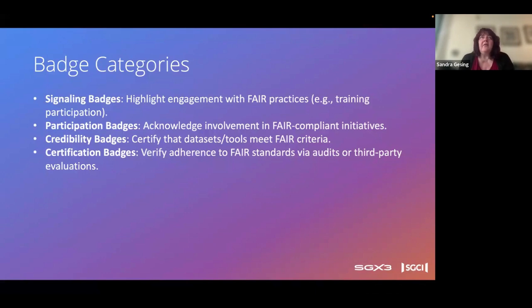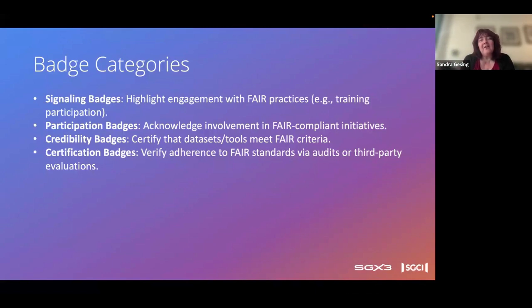You might have heard about Galaxy, HubZero, NanoHub, TAPIS frameworks. If the framework already supports FAIR, then when users use another instance, these methods can be reused. And certification badges really verify adherence to FAIR standards via audits or third-party evaluations.